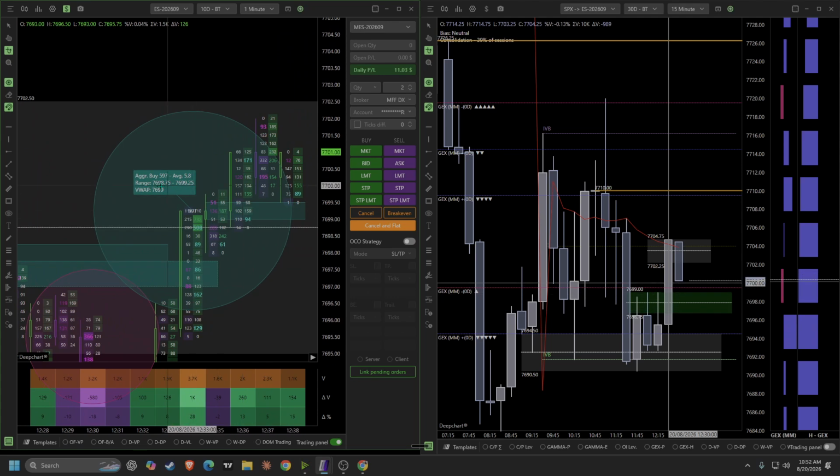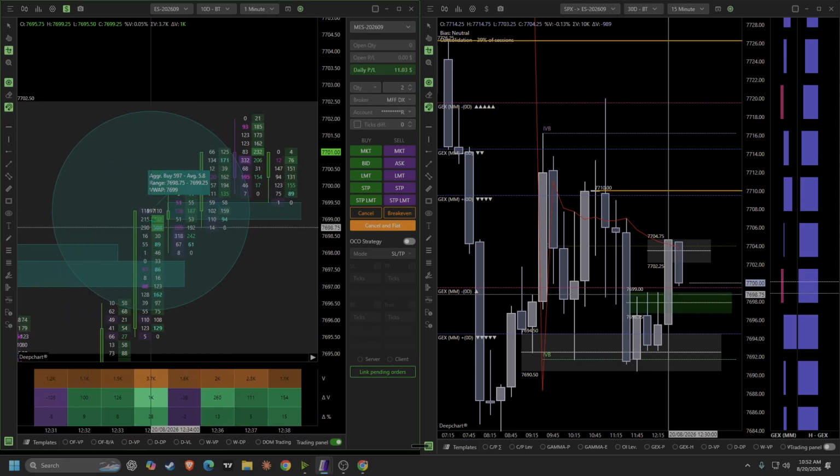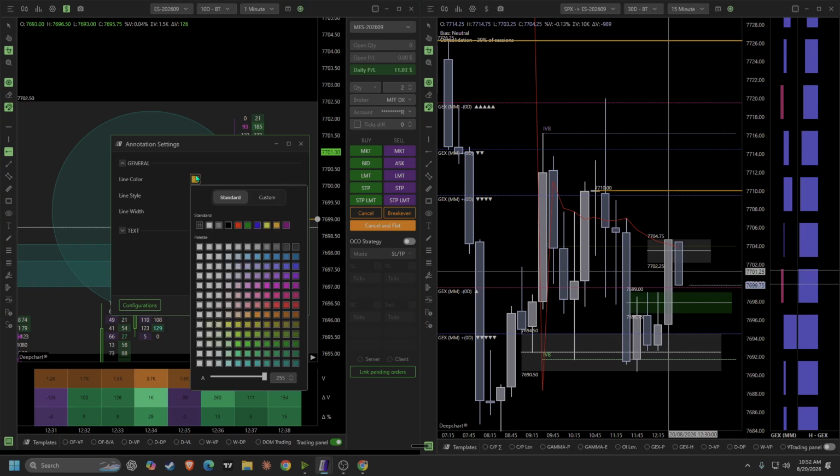All right, and you can see that this 597 buys average 5.8, range between 76.98 and 76.99. So 76.99 is the average price where this big player stepped in. 76.99 is right here, and we'll make that green color.